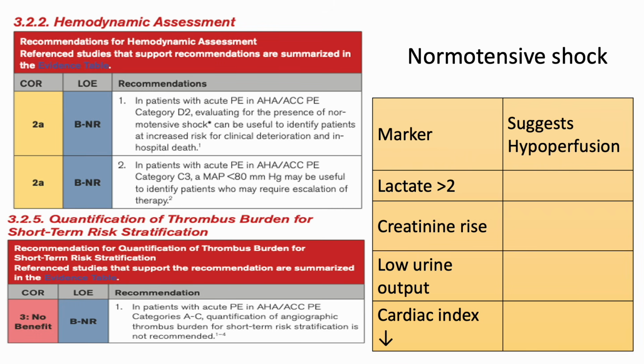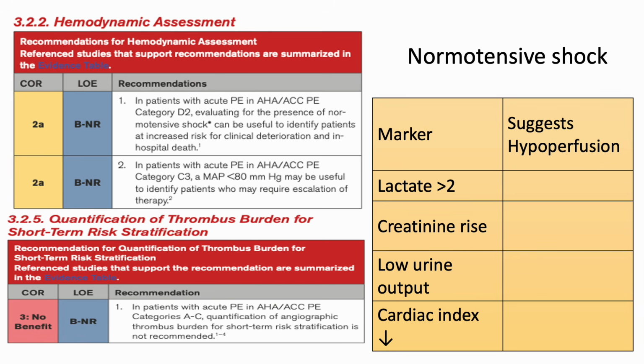Now, then comes the hemodynamic assessment. And what do the recommendations say? There is a grade 2 recommendation for patients with acute PE with category D2, that is, patients with incipient cardiorespiratory failure, evaluating for the presence of normotensive shock can be useful to identify those who are at increased risk of clinical deterioration and in-hospital death.